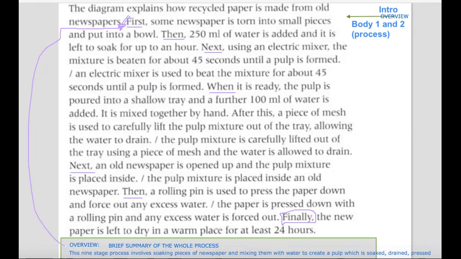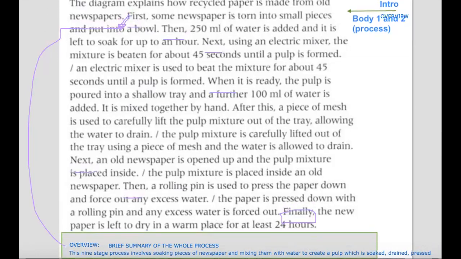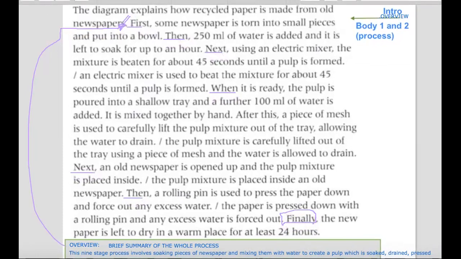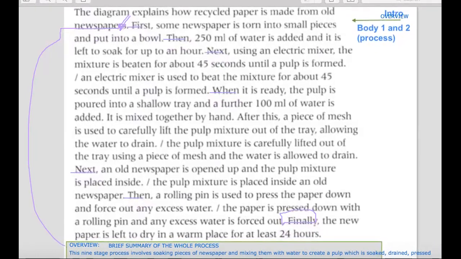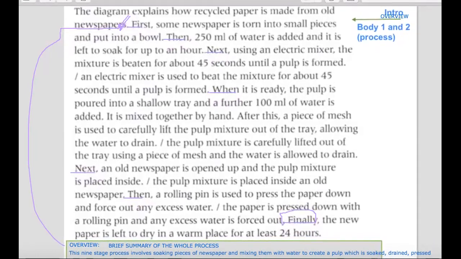Let's just try and make it longer so that you can see. Okay, I'll have to finish it on top because I've run out of space. So we could end it off with and left to dry.